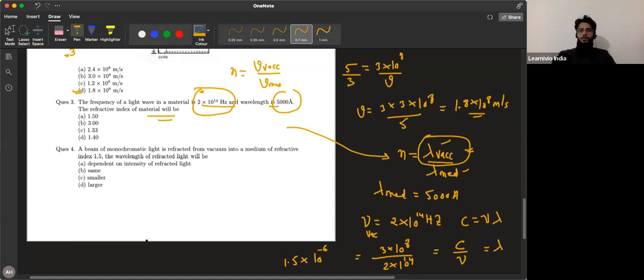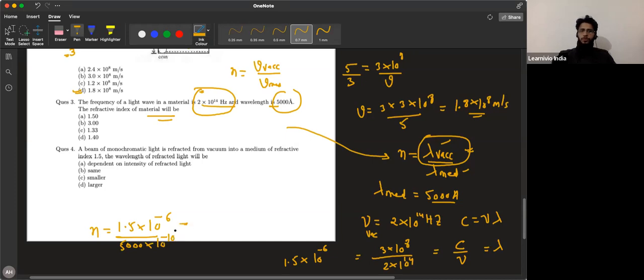That's the wavelength in vacuum. So refractive index is 1.5 into 10 raised to minus 6 divided by the wavelength in medium, which is 5,000 into 10 raised to power minus 10.